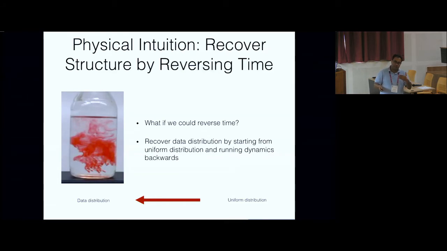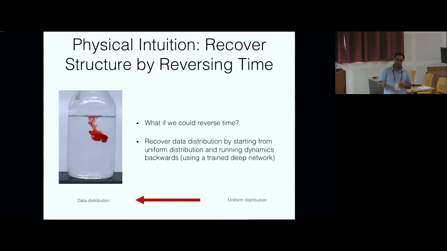Then if we record this destruction of structure, we can recover the data distribution by sampling from a uniform distribution and feeding it through a deep neural network that's trained to reverse the flow of time. And then we can get back to the data distribution. So basically, we can go from the uniform distribution to the data distribution using a neural network. Okay?